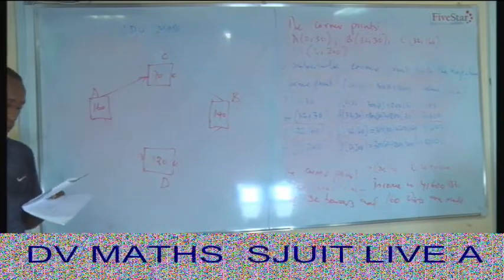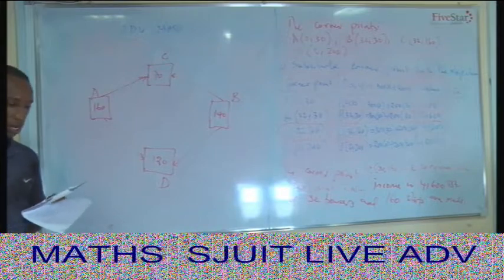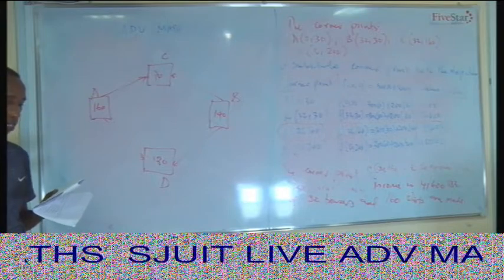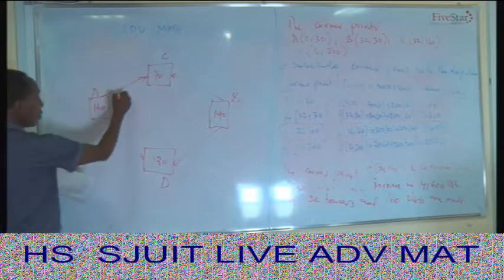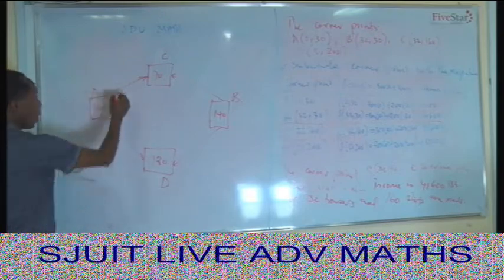And the cost of transportation for 1 unit of flour from A to C is Tanzanian shillings 160.